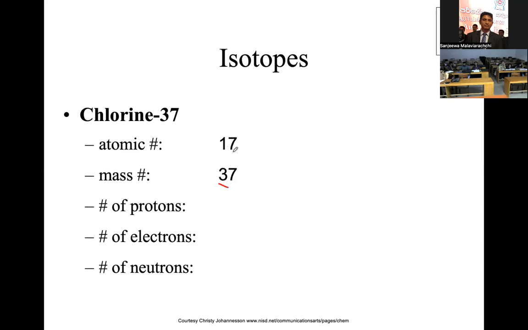Atomic number is 17 for chlorine. And we have number of protons 17, electrons 17, and neutrons 20. Right? This is how it is composed up to the 37 mass number. Mass number is always the neutron number plus the proton number. Okay, 37.